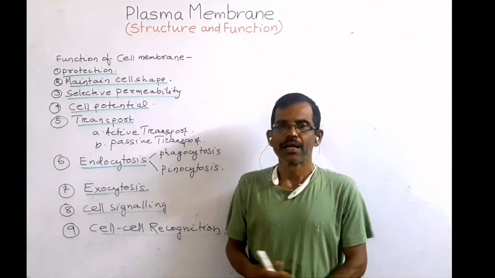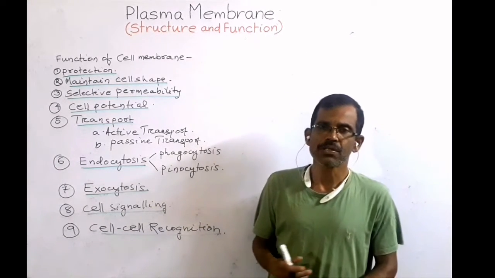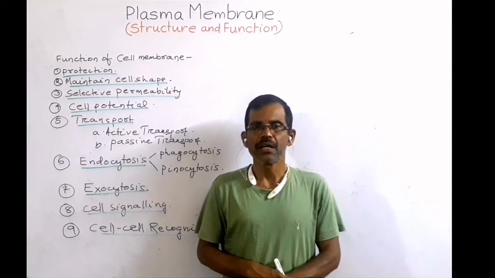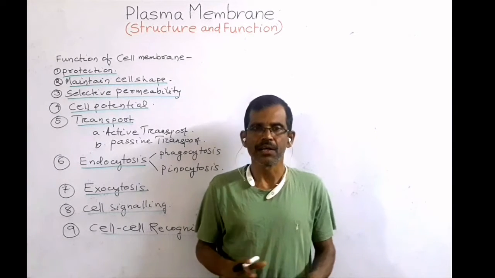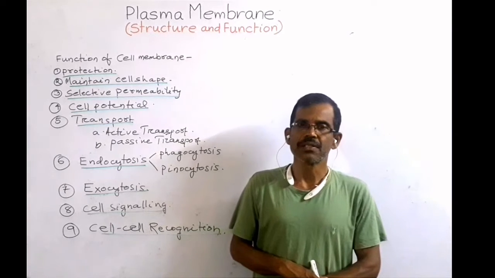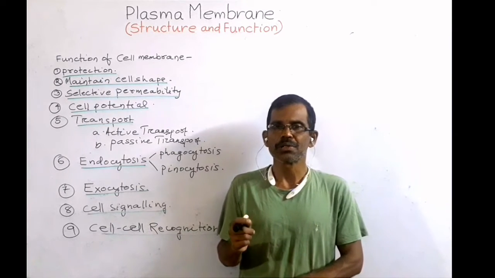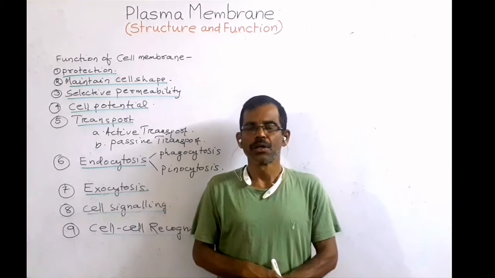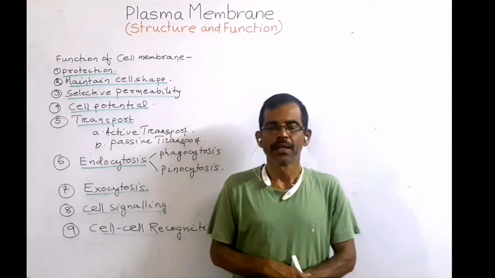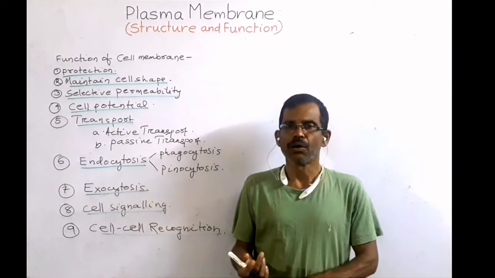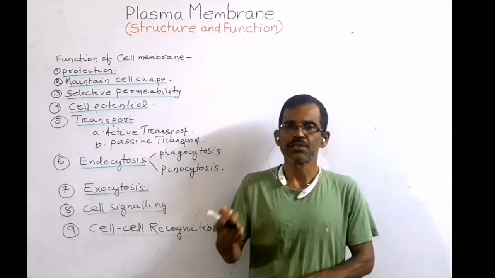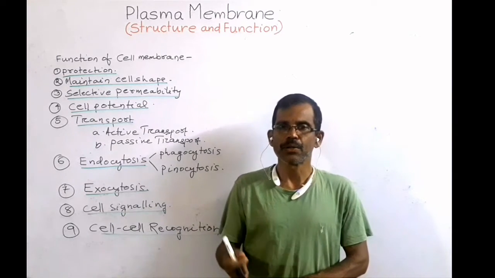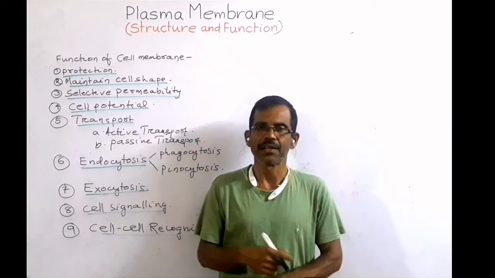Next function is endocytosis. Endocytosis is a process in which various cells internalize solid substances, small molecules and ions, and even macromolecules by engulfing them. The engulfment of solid substances is known as phagocytosis or cell eating.